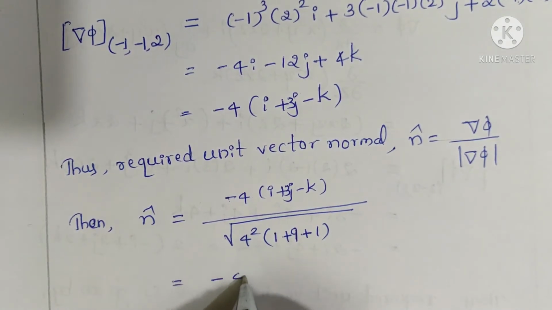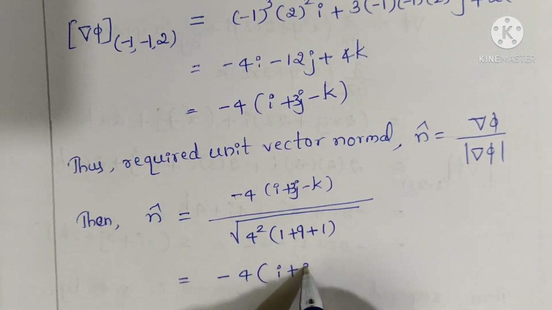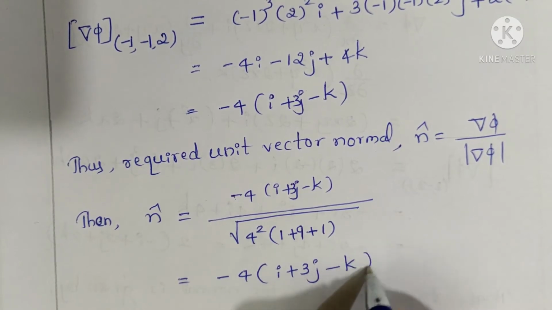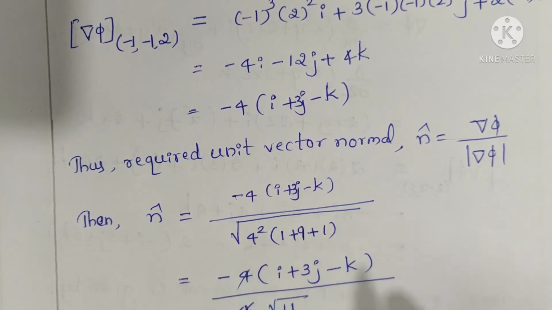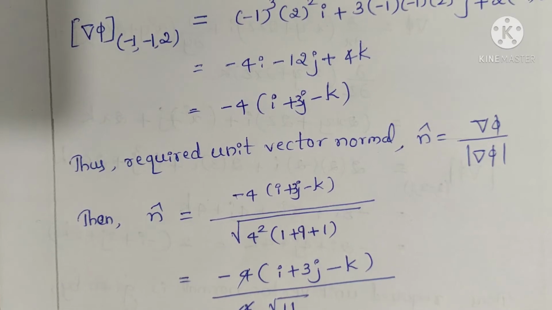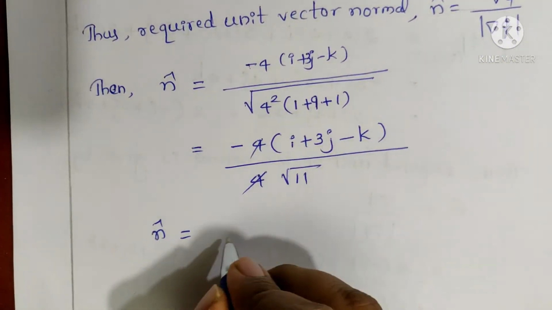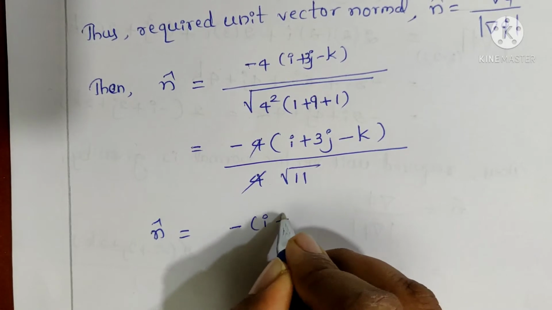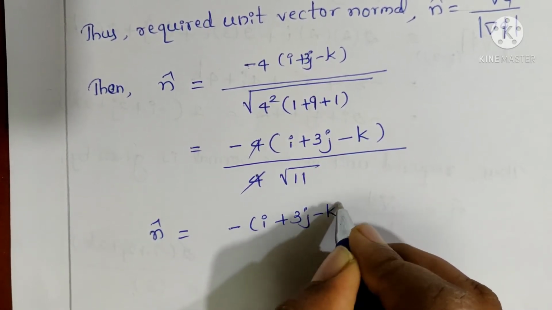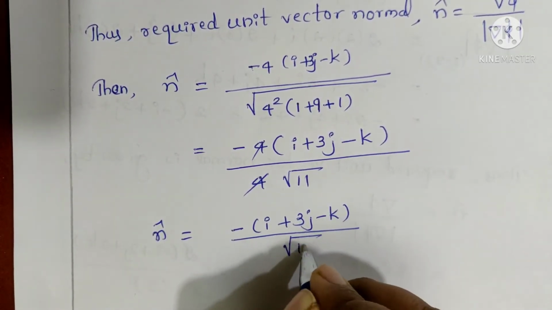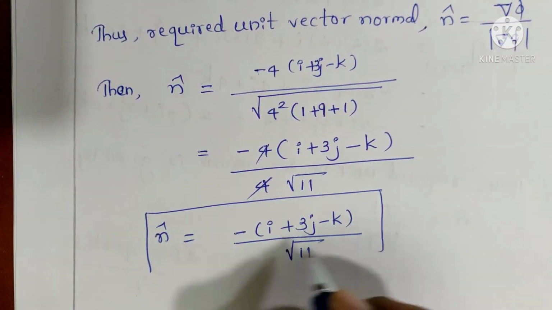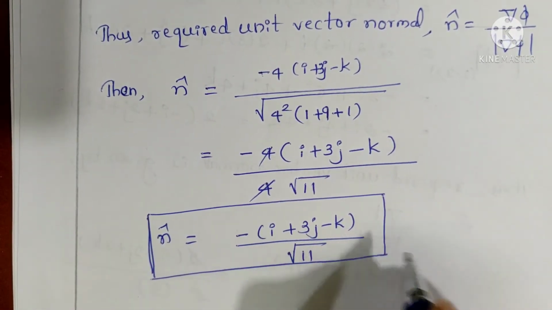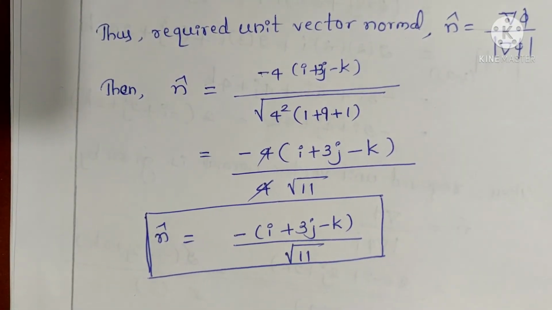So it is minus 4 i plus 3j minus k whole divided by 4 into square root of 11. Therefore, unit vector normal to the surface is minus i plus 3j minus k whole divided by square root of 11, the required unit vector for the given surface with respect to given points.